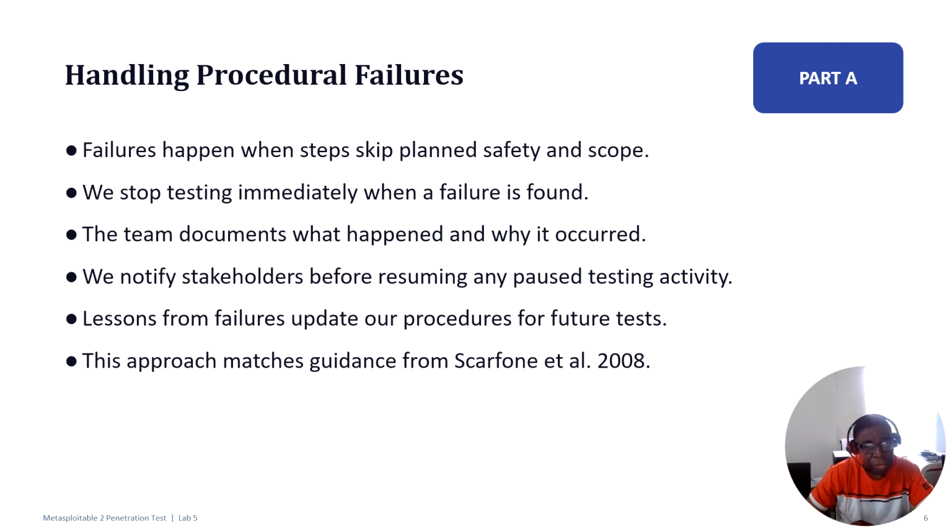I make sure to notify stakeholders before resuming anything. Any lessons from that failure are folded back into my procedures for next time, which lines up with the disciplined, iterative approach Scarfone 2008 recommended for security testing.